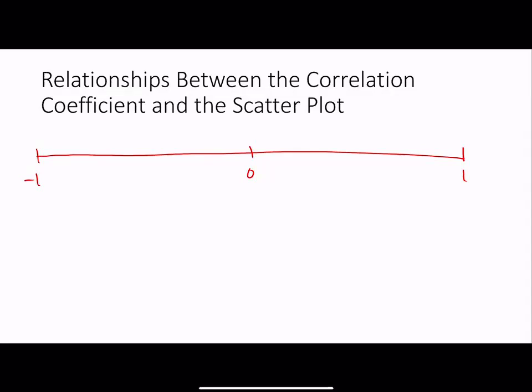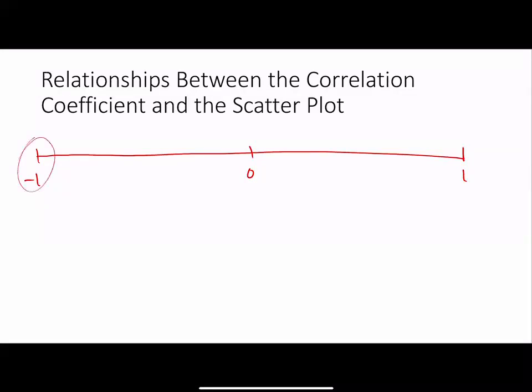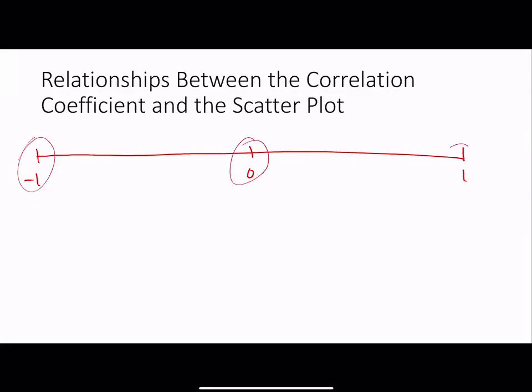If it's -1, that's a strong negative correlation coefficient. If it's +1, then it's a strong positive correlation coefficient, and they're both going to be linear. As it gets closer to -1, that's our strong negative linear relationship. 0 is no relationship, and +1 is a strong positive linear relationship.